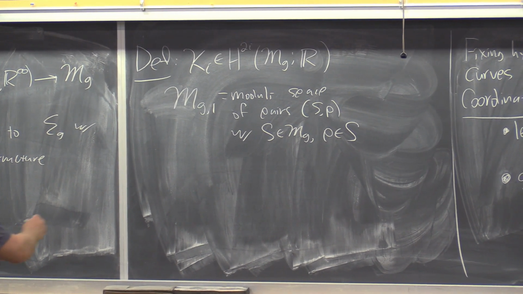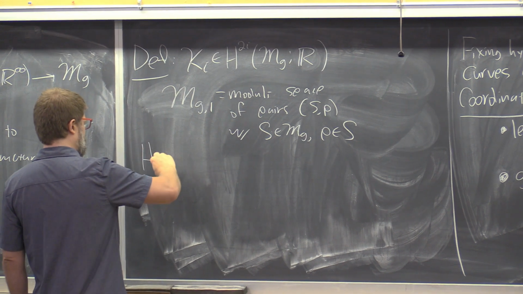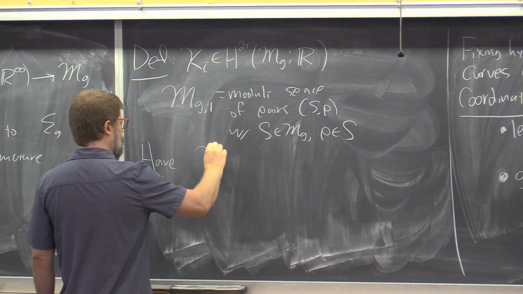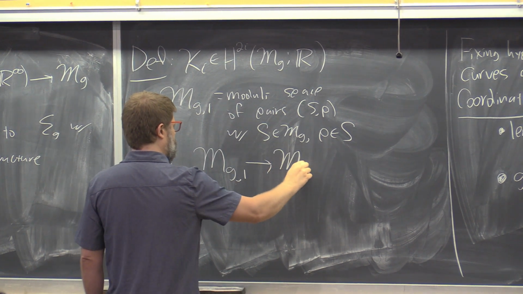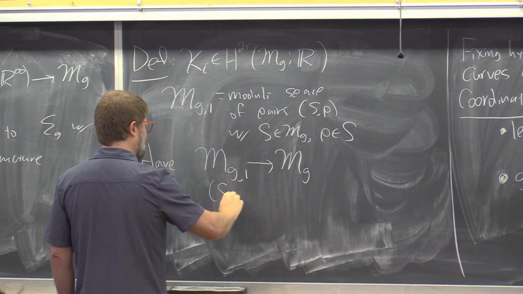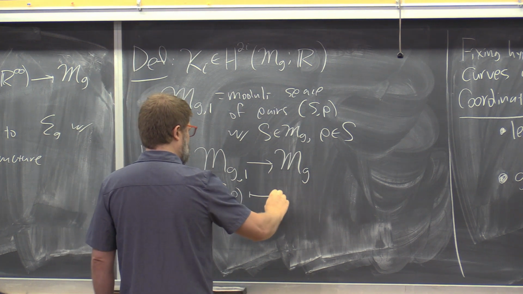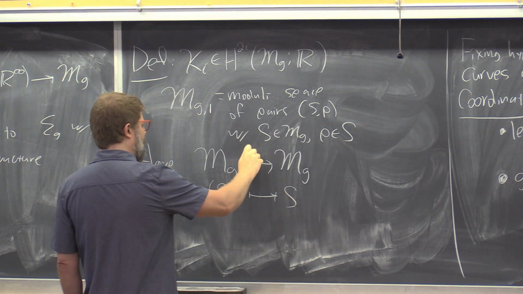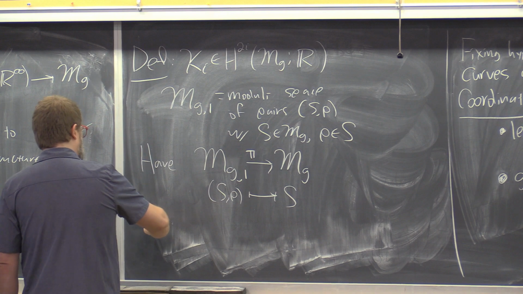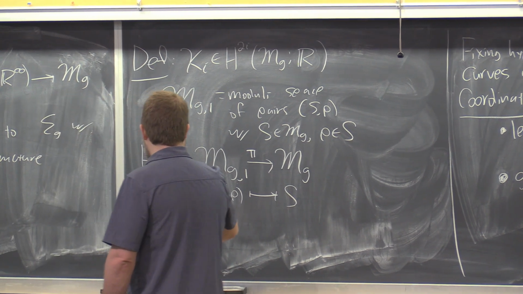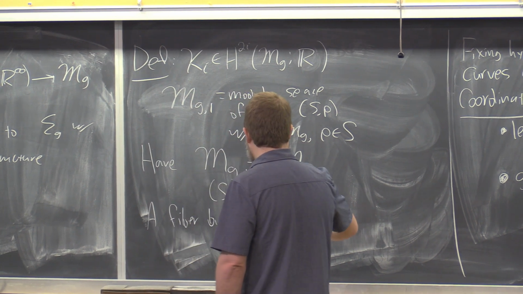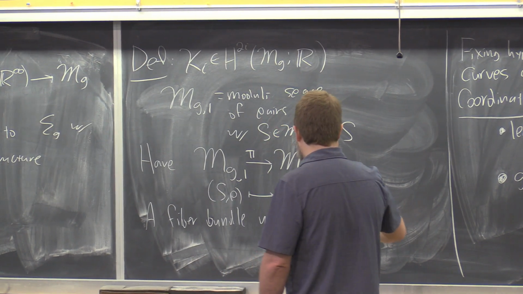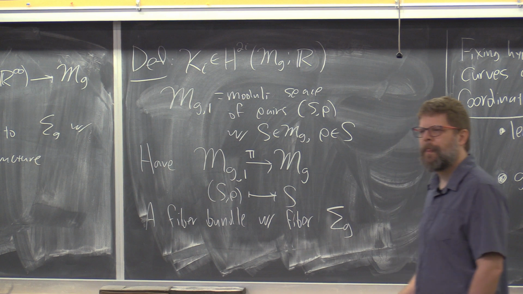So we have a projection from M_{g,1} to M_g, sending (S, P) to just S. This is a fiber bundle with fiber the surface.